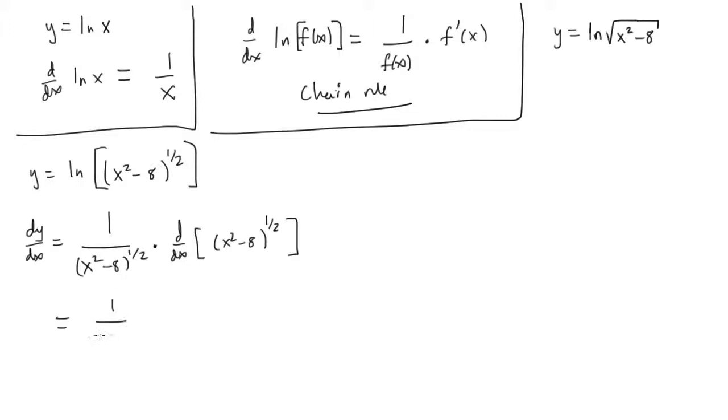So this part will stay the same. And then here, the derivative of some stuff to the 1/2 is 1/2 stuff to the minus 1/2 times the derivative of the insides, which in this case is just 2x.